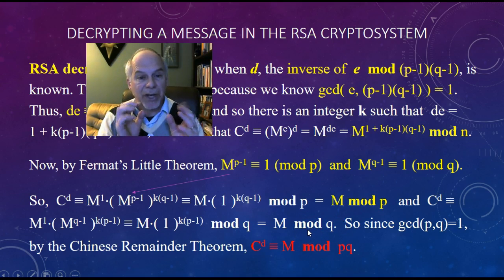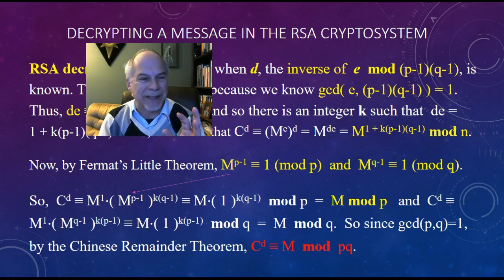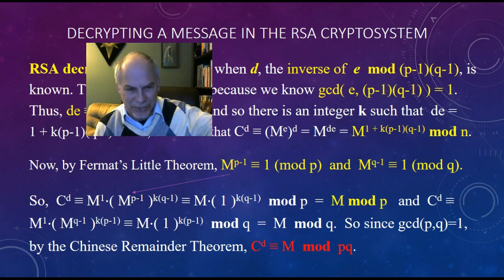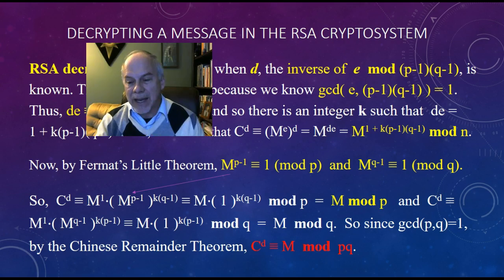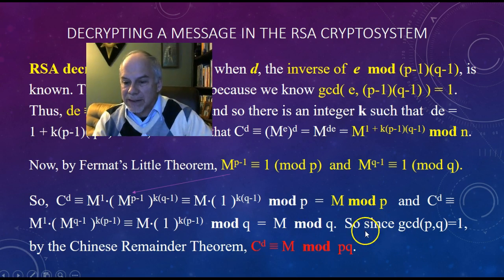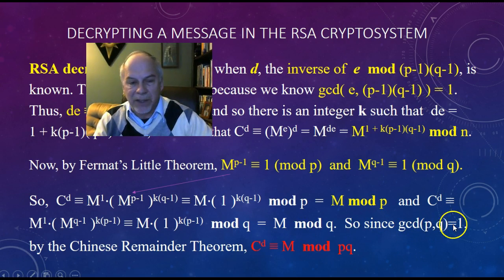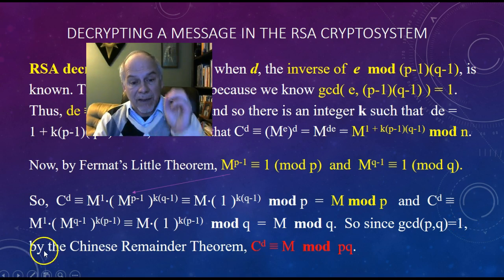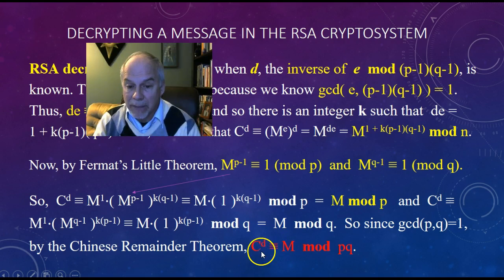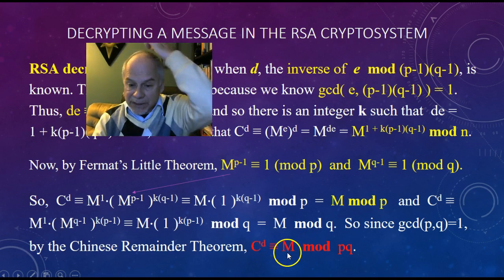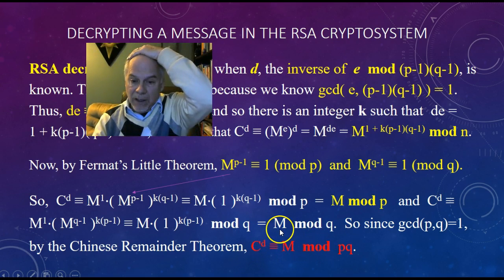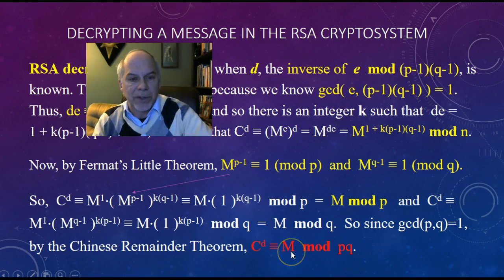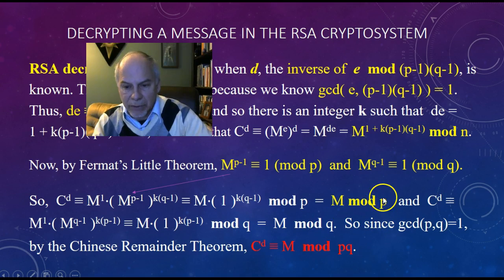Now, this is where the Chinese remainder theorem, something that goes back centuries, comes into play. Since the greatest common divisor of p and q is 1, because p and q are prime numbers, then by the Chinese remainder theorem, we can say that c to the d is congruent to m in the product of those mods, p times q.